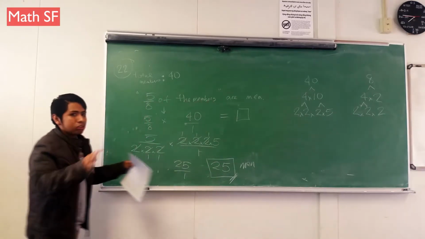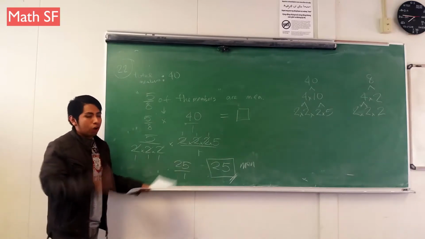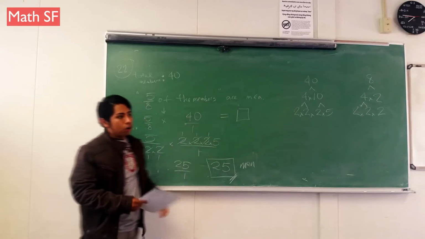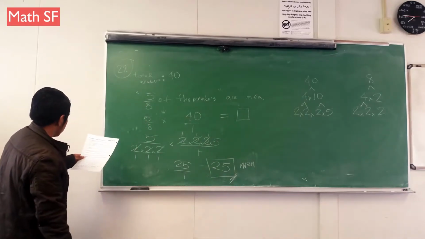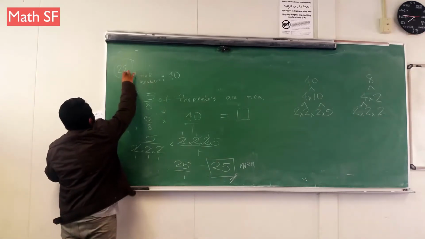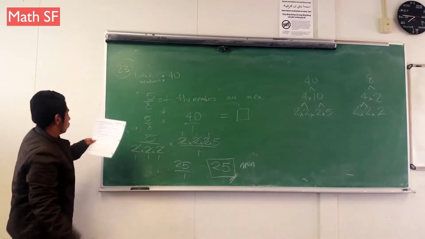So in those types of phrases, you're going to see a translation problem in which we have to use our vocabulary. "Of" stands for times, and equal stands for "are" or "is." For example, problem 24, I mean 23. This was problem 23, sorry. So we have to do now 24.